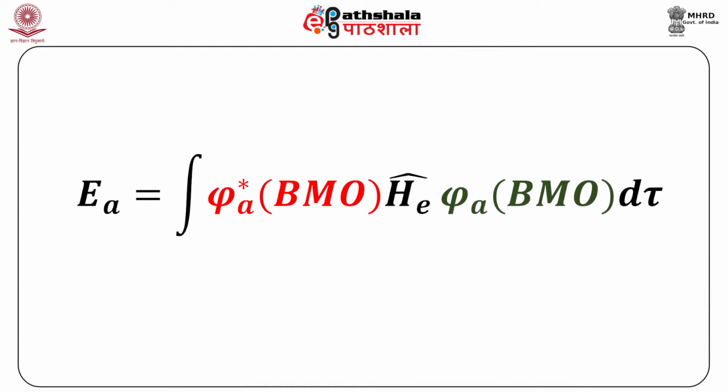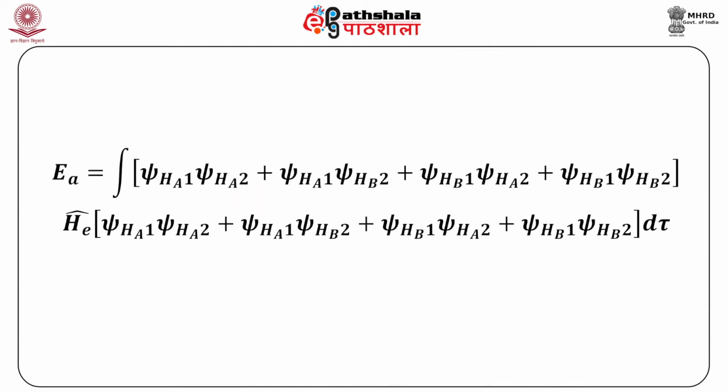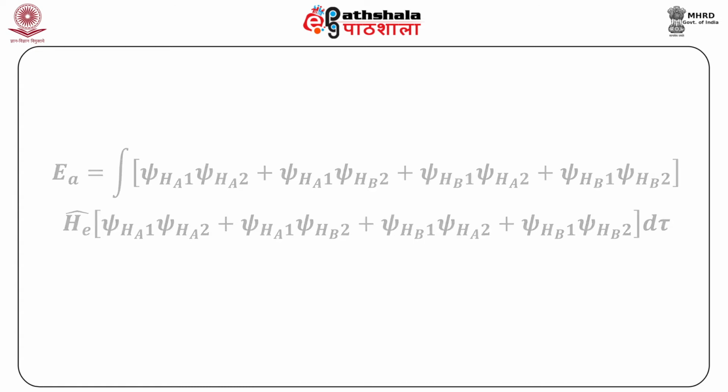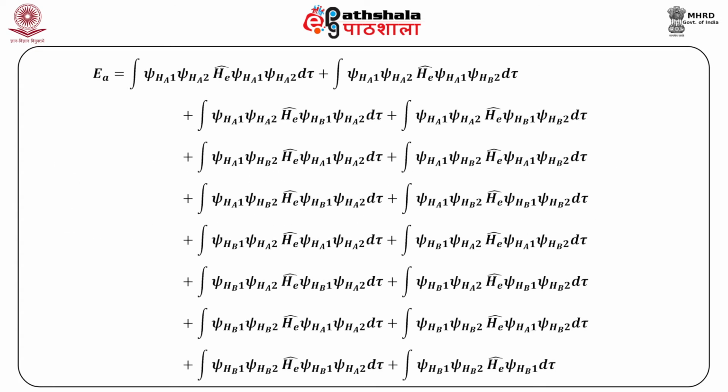And if one looks at the numerator and substitutes the values of the phi A BMO as has been done here, you can see we have put the four terms, then the electronic Hamiltonian, then again come the four terms. And if we open them, each one separately, one gets a big expression.